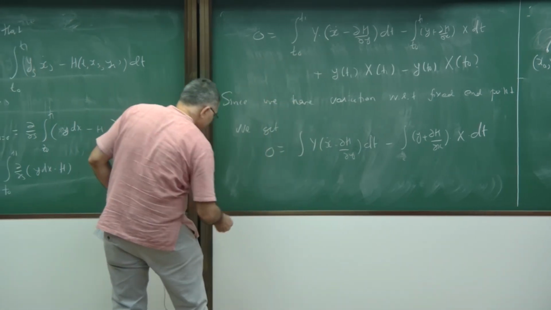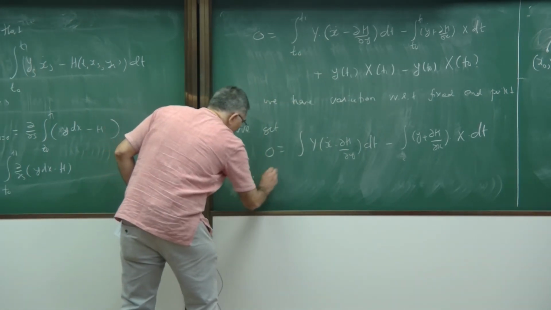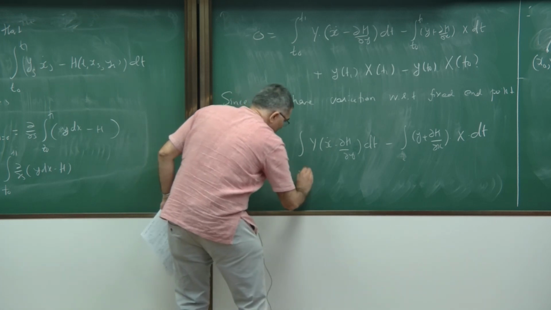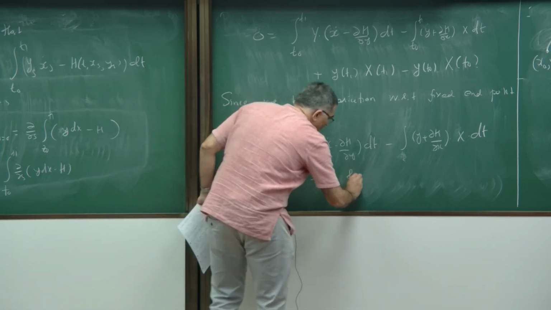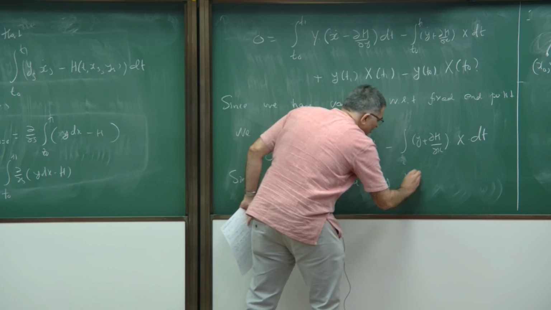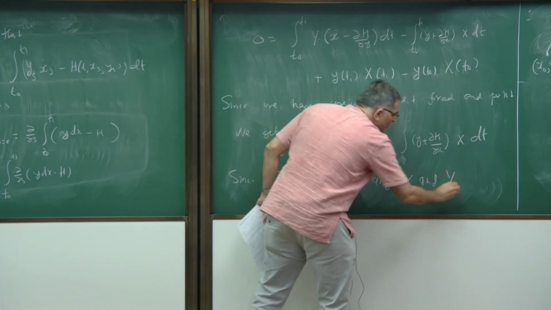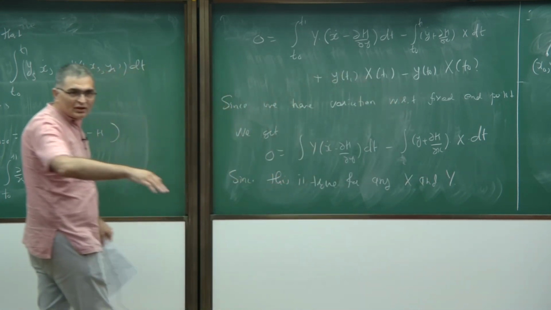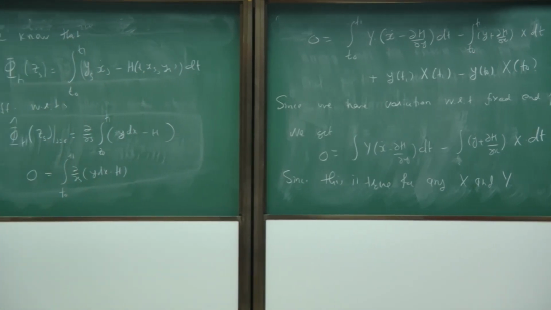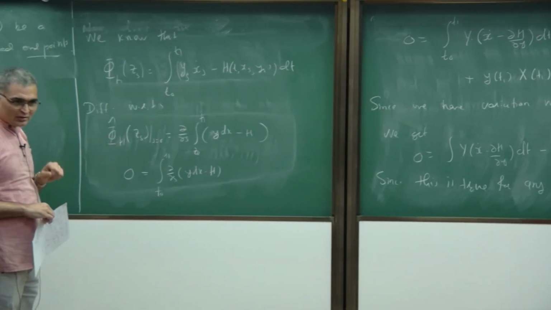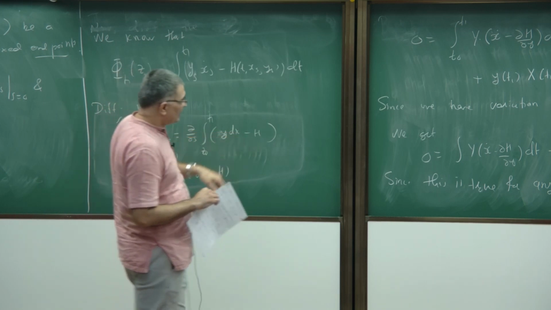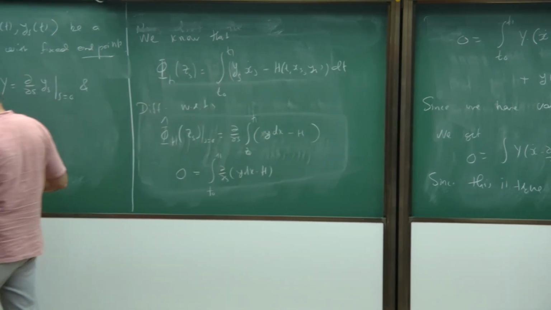Since this is true for any x and y, because I can decide how I am going to vary my curve, this will imply that x dot is equal to this, and this is 0.